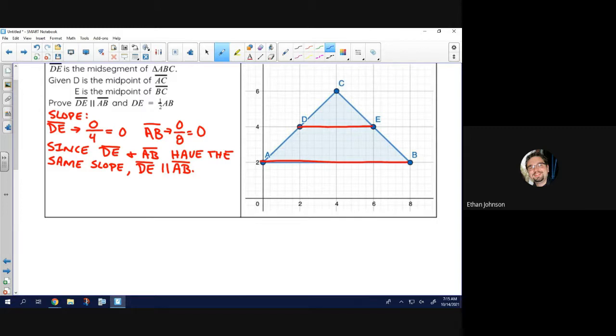The second part, we need to show the lengths are that DE is half of AB. So DE, well, going from point D to point E, we go over 4.